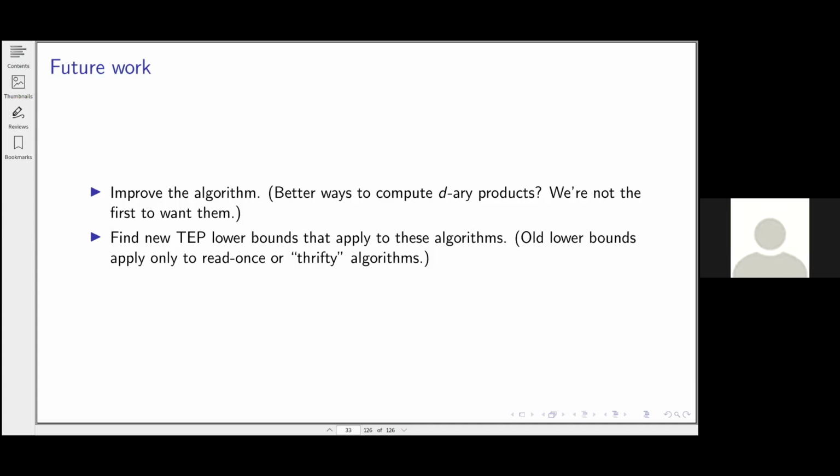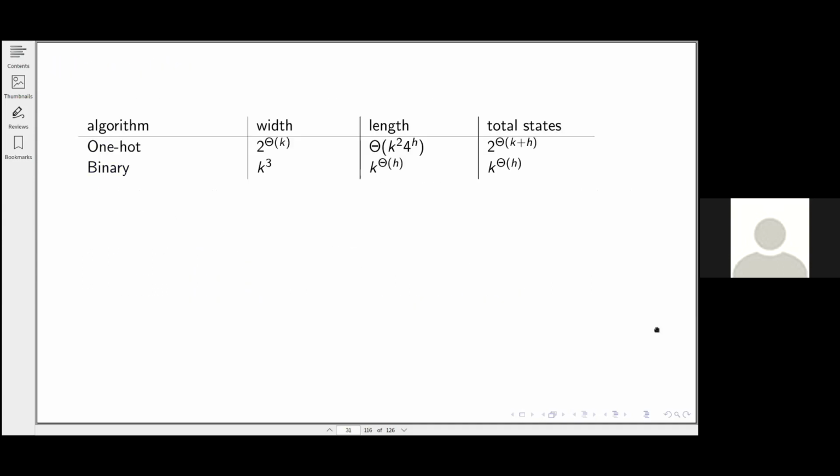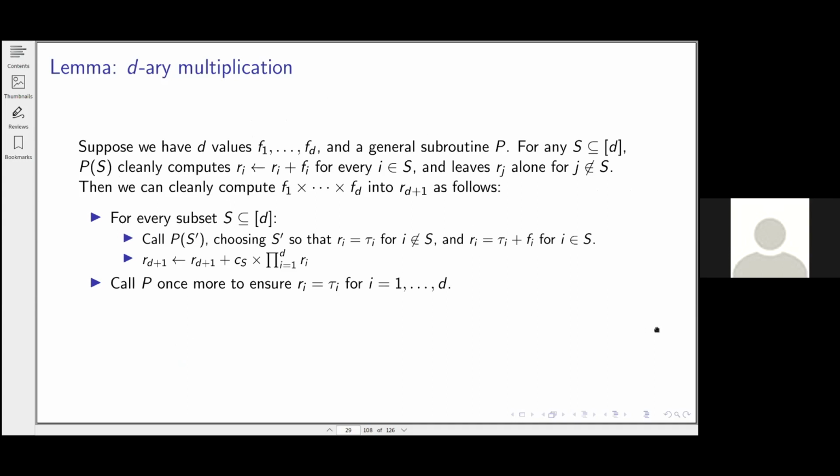One thing worth noting is these d-ary products that James briefly mentioned. Currently, if you want to multiply d things together, you pay like 2 to the d in terms of how many recursive calls you do. If you can improve this down to polynomial in d, then you get a log k to the h algorithm.